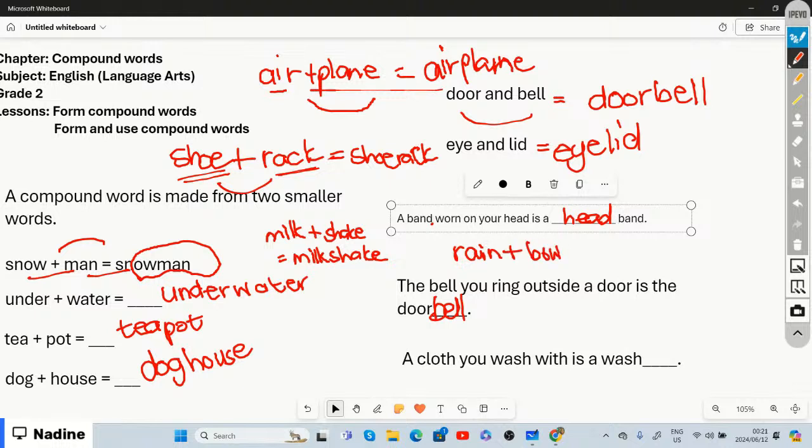A bow is something that you put on your head. And this is a rainbow.